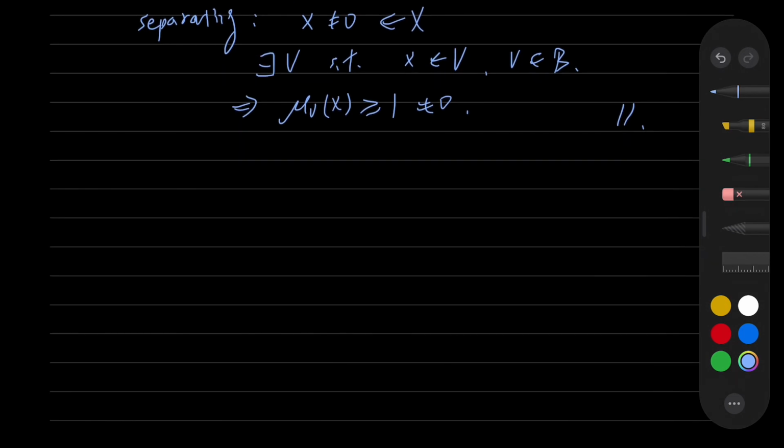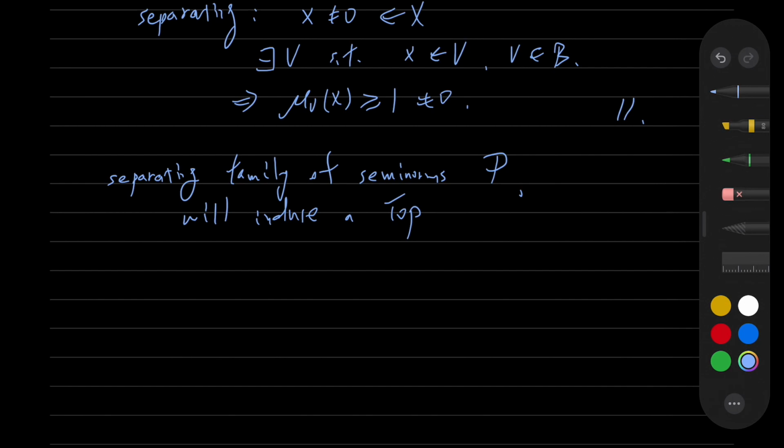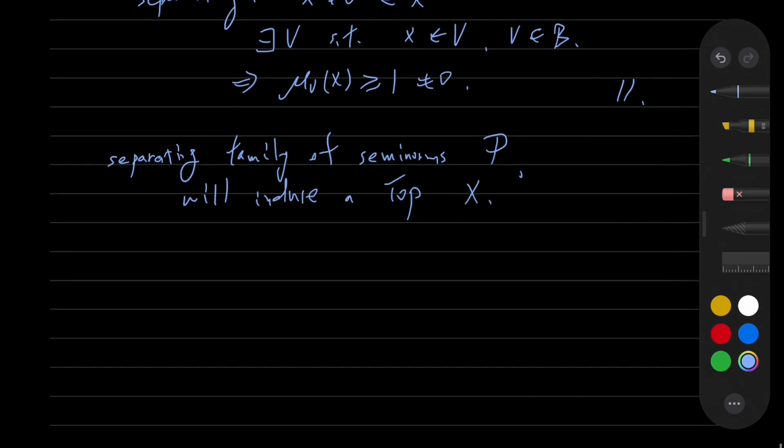And in the next video, we'll prove that this separating family of seminorms, which we will denote by a curly P, will induce a topology on the topological vector space.